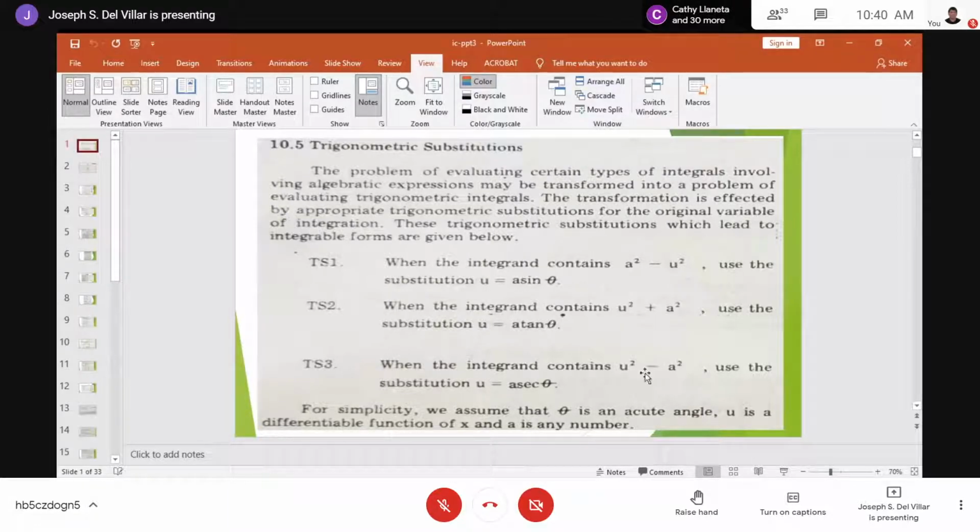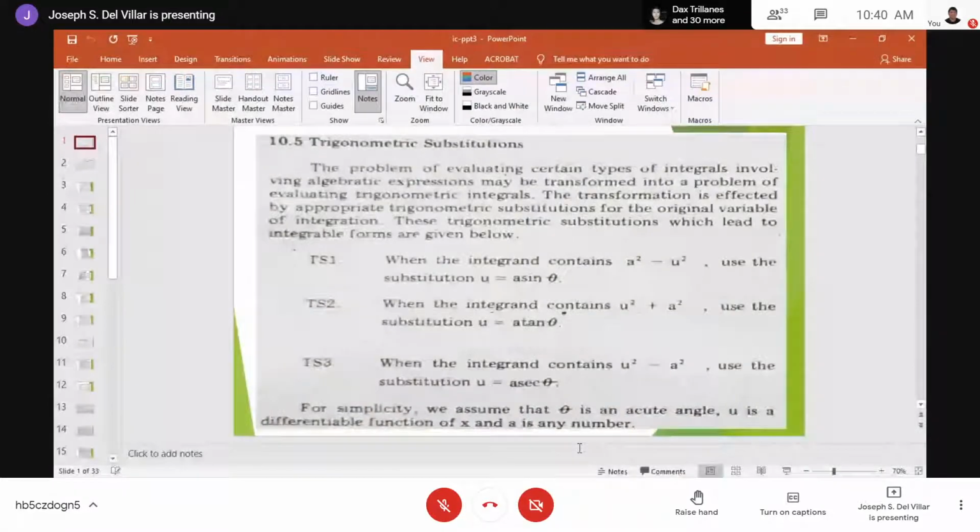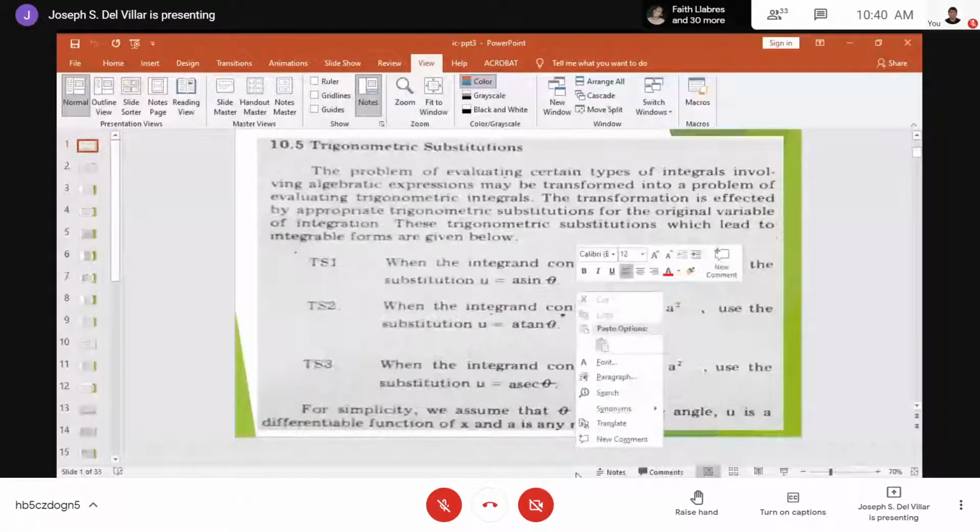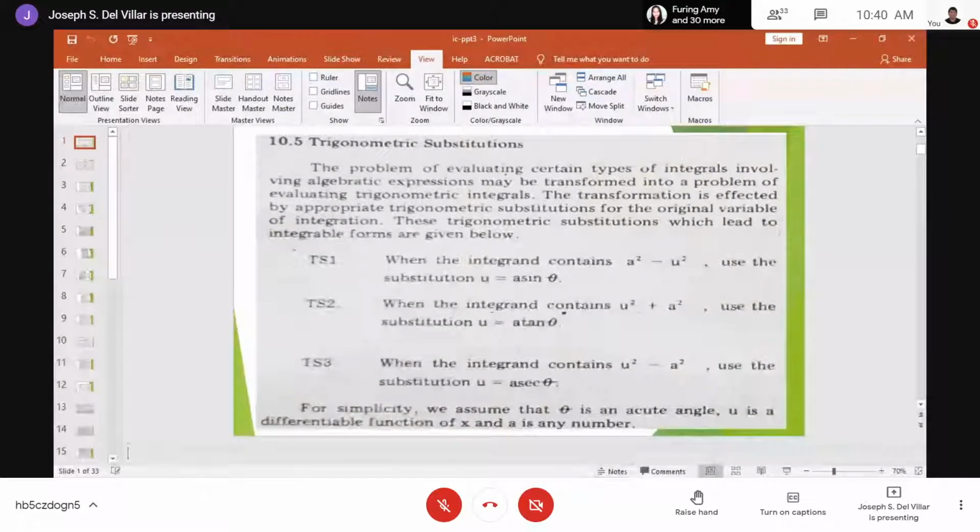So this is case number 3, and use u equal to a secant theta. So it's case number 3.